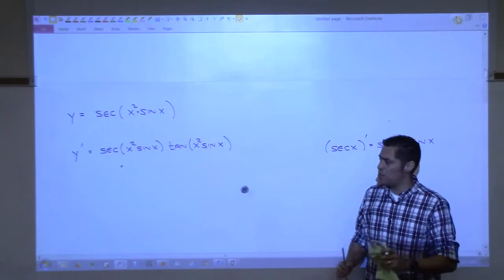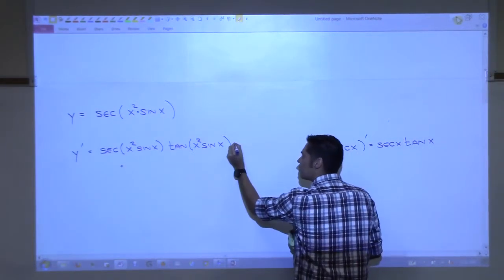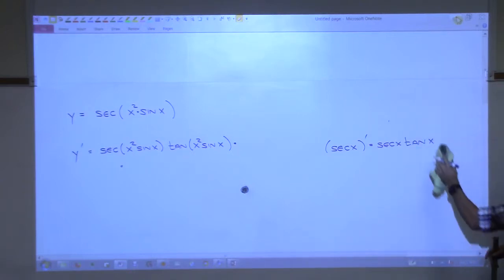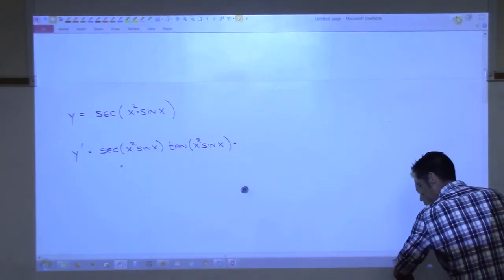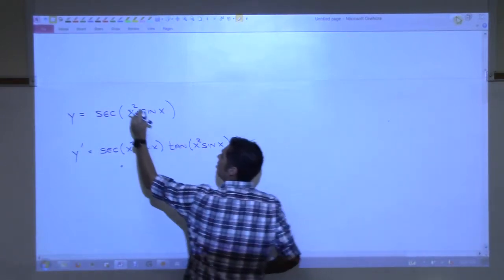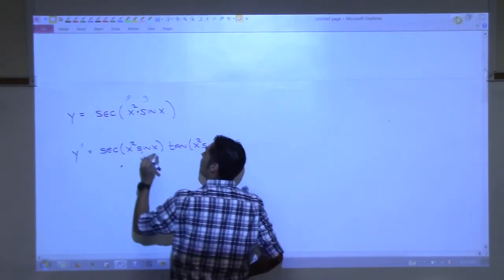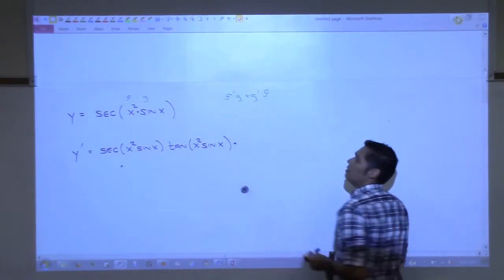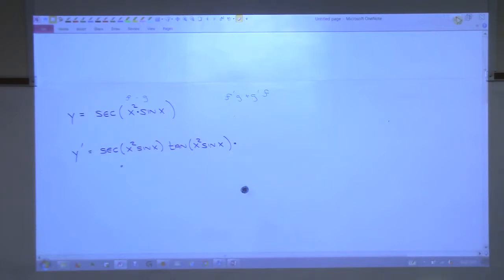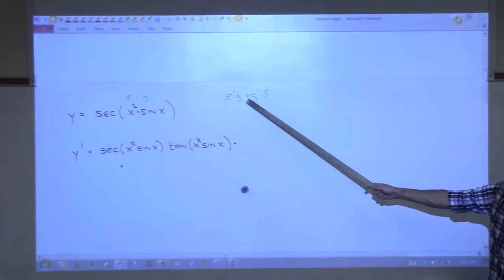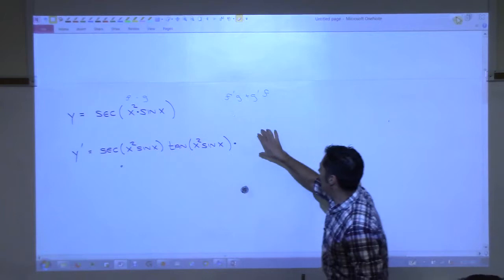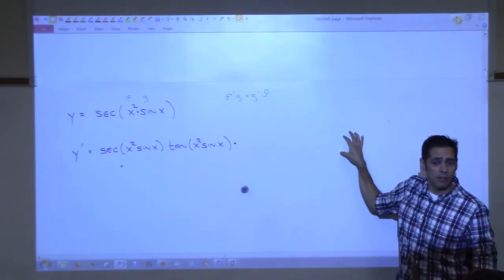Okay, since this was chain rule, I now say times the derivative of what was inside. So with the inside piece, we actually have something like f times g, and the derivative of that is f prime g plus g prime f. So that's our formula for product rule. See that we have a plus sign here? That means when I take the derivative of the inside, I'm going to have two pieces separated by addition, right?